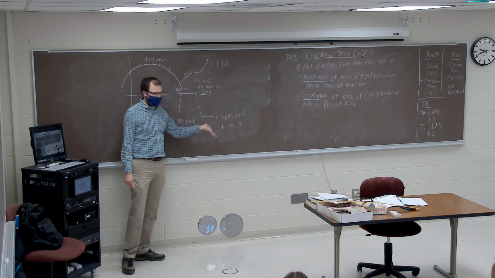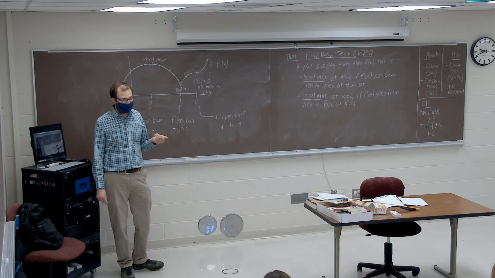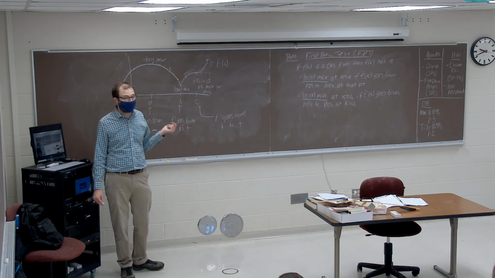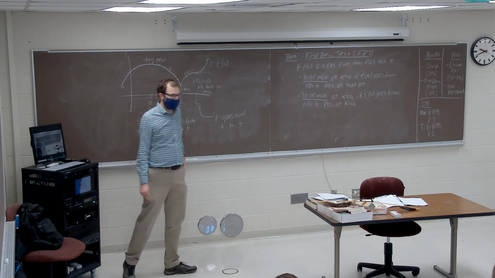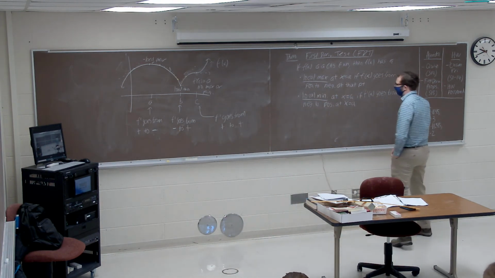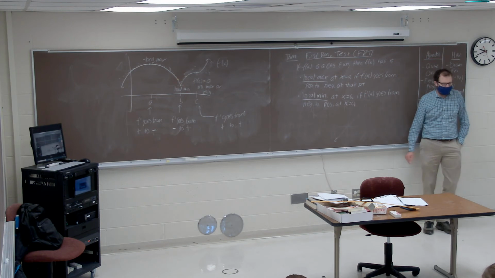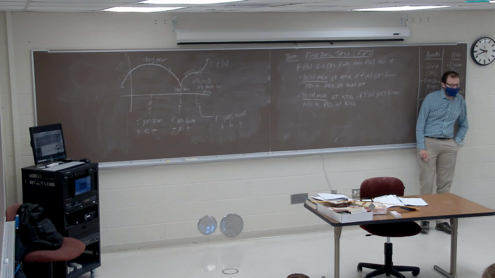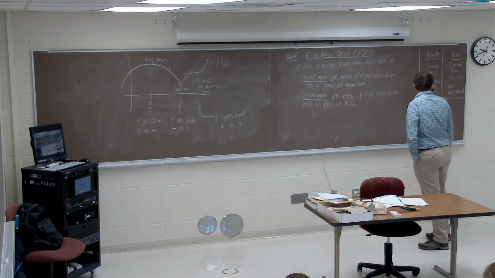And if it just goes from positive to positive or negative to negative, we're not going to have a local max or a local min. Any questions or comments about what the first derivative test says? So, how are we doing?